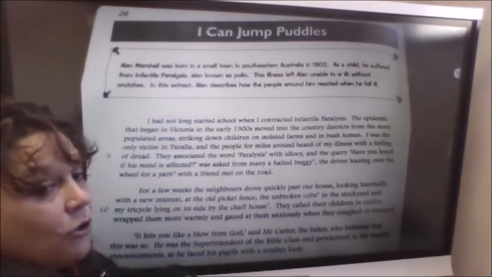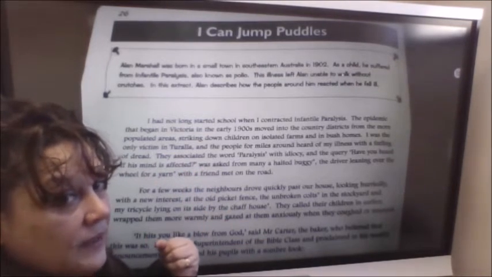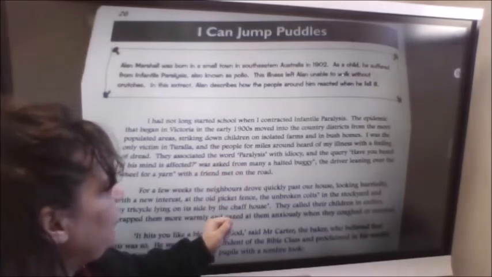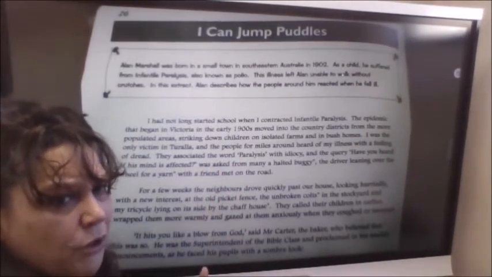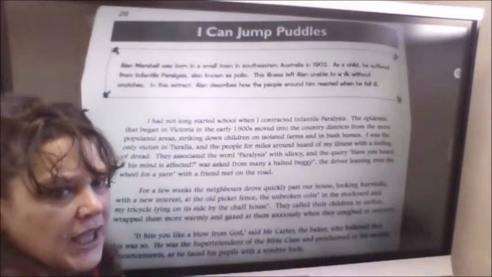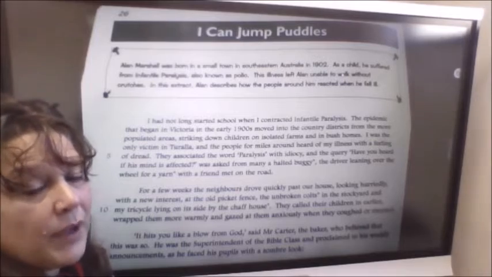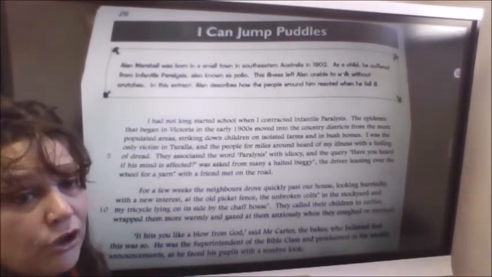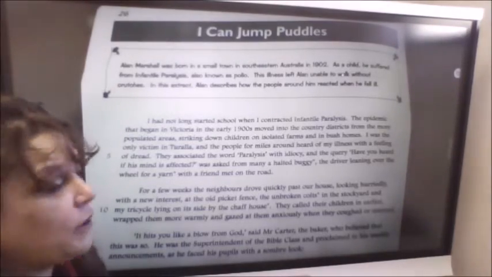"They associated the word paralysis with idiocy." Associated, and we looked at that word, didn't we? Identified. So they thought that because he wasn't able to move, he must have something the matter with his brain, and so he wouldn't be able to learn how to walk and talk and do all of those things.